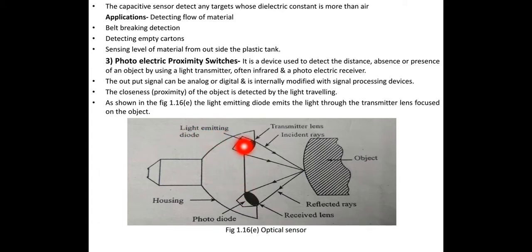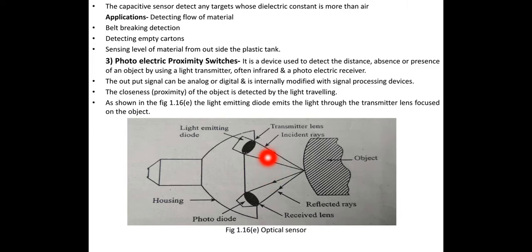So how does it work? When the light emitting diode sends the signal in the form of rays, these are concentrated here, and it falls on the surface of the object. Again these are separated from each other and these are received by the receiving lens.